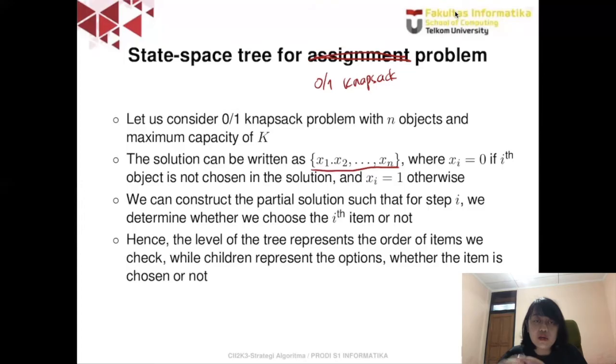Here we can construct the partial solution by determining the value of x1, next the value of x2, and so on until finally we have the value of xn, which means the level in this state space tree represents the order of items we check. So level 1 will determine whether x1 is 0 or 1, and then level 2 will be for determining whether x2 is 0 or 1, and so on.